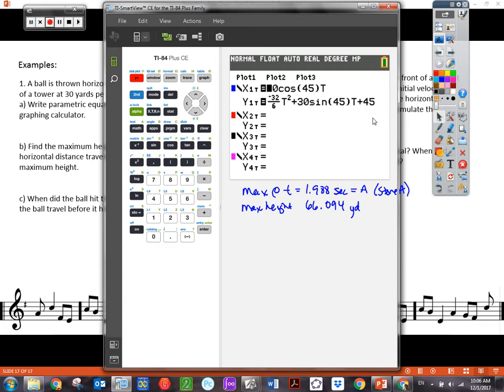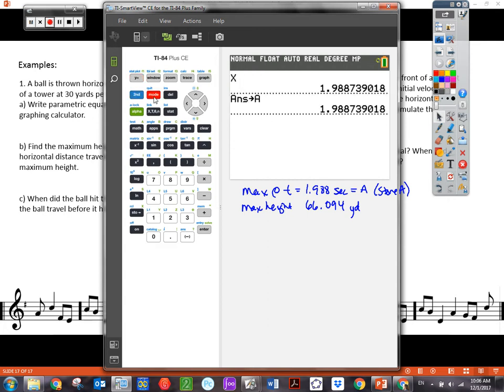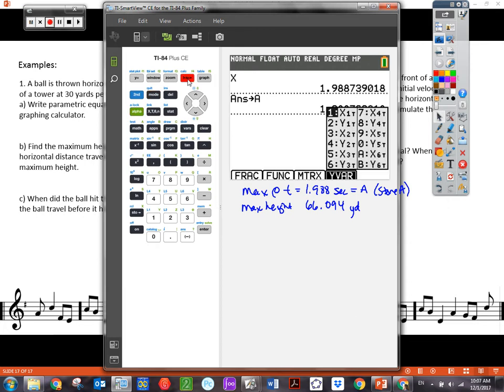So let's go to a clear screen. And what I'm going to do is ask the calculator to use that x component. And the way that I do that is I do alpha calc. See how I have all these options right here on what to choose? I want to choose my x1, right? That's where I have my horizontal equation in. So I'm going to hit enter to choose my x1.